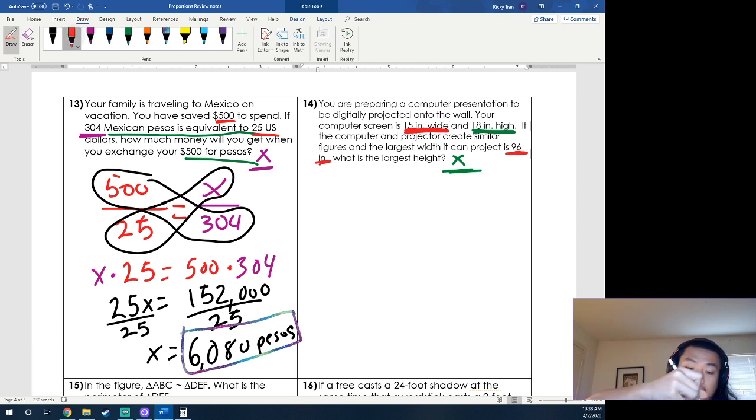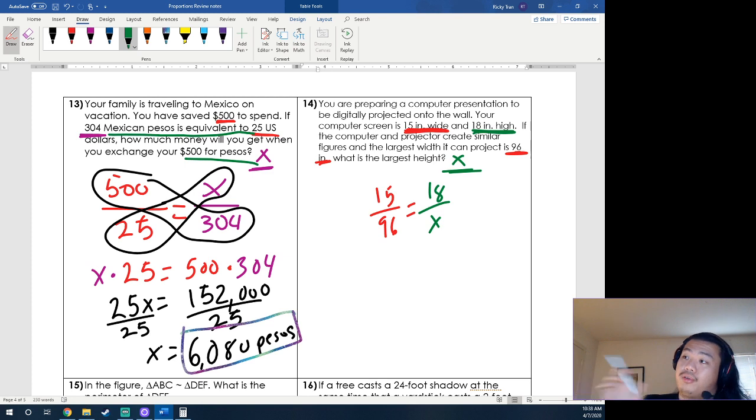So let's set it up. We have 15 over 96, which is equal to 18 over X. Again, 15 and 18 come from the computer monitor. 96 and X come from the projected monitor, or the projected dimensions. And we're trying to find out what the height is for there.